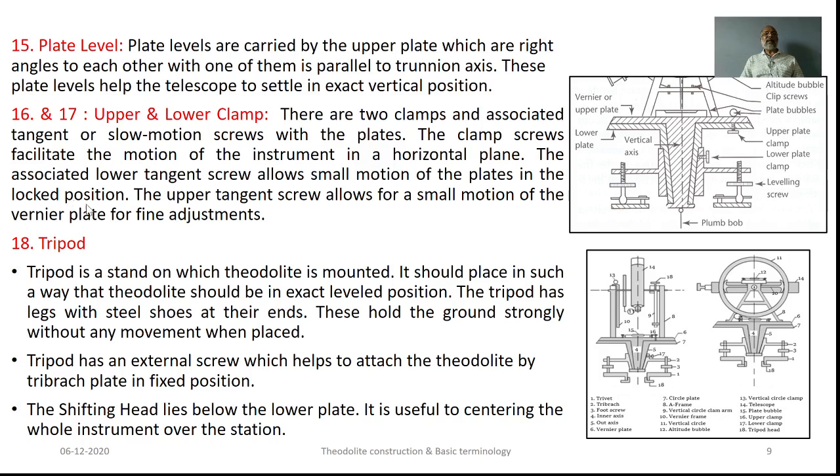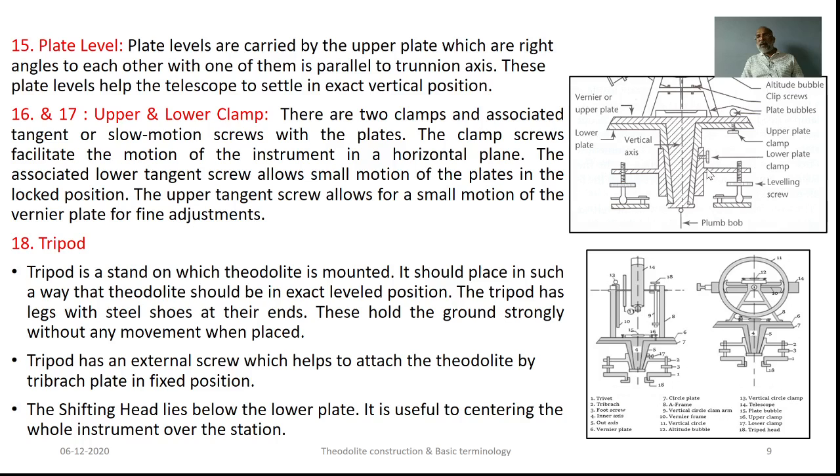The way we discussed about the vertical clamp, here the equipment is provided with the upper clamp as well as the lower clamp. So here we have already discussed the inner axis related with this particular inner spindle, and the outer axis which is related with this particular hollow spindle.